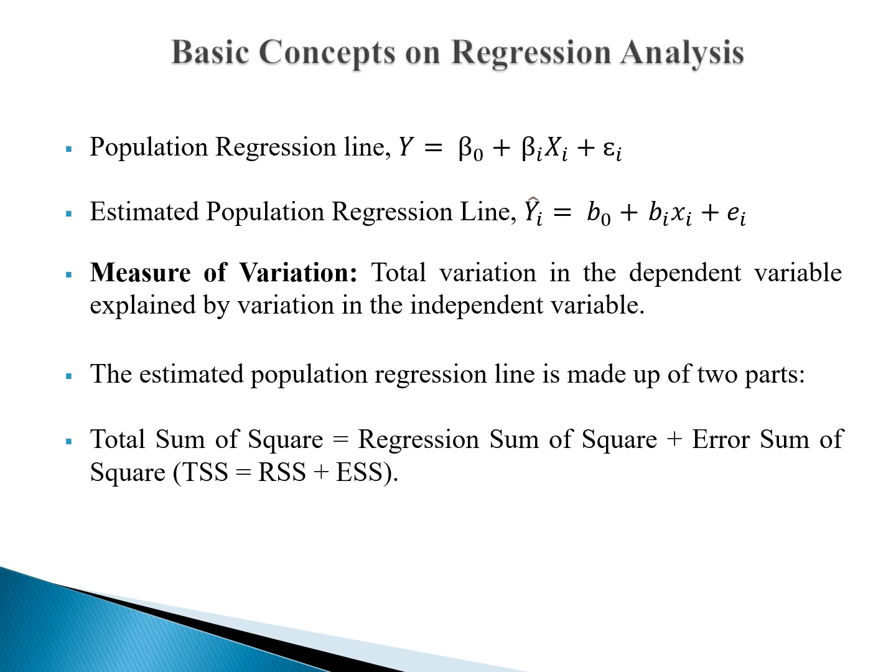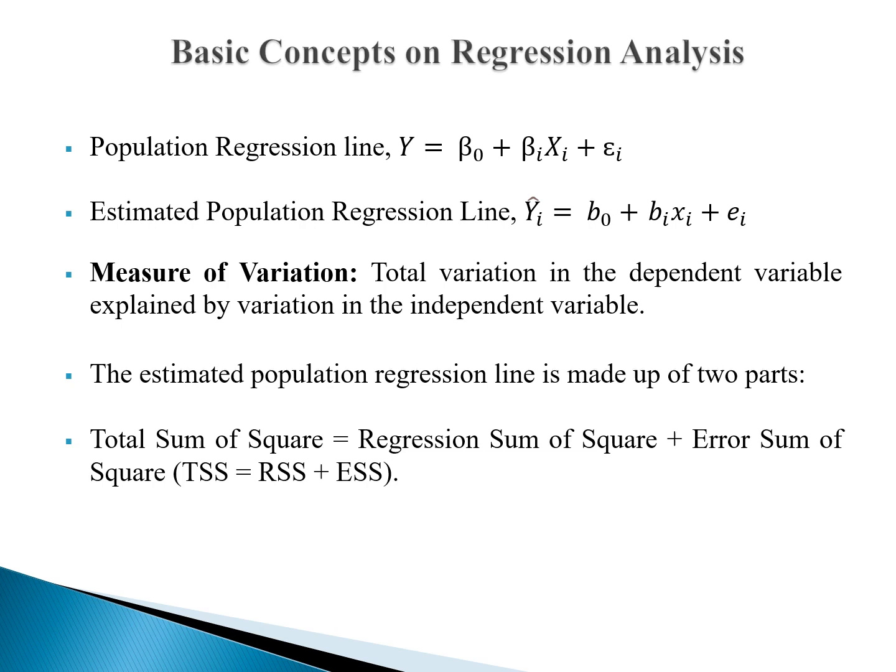The estimated regression line is made up of two parts: a regression sum of squares part and an error sum of squares part. These two combine and give us the total sum of squares. So that's why we have written that TSS is equal to RSS plus ESS.